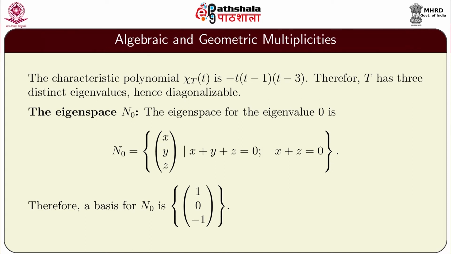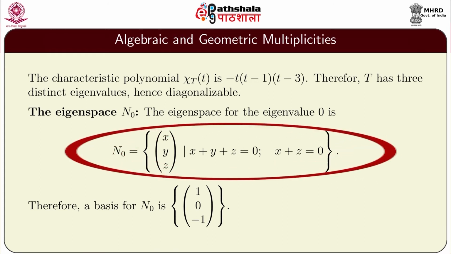So, let us look at the first one, the eigenspace N0, that is the eigenspace for the eigenvalue 0, and we know what that is: the kernel of the operator T, that is kernel of A. In other words, it is the collection of all those 3 tuples (x, y, z) such that x plus y plus z is equal to 0 and x plus z is equal to 0.